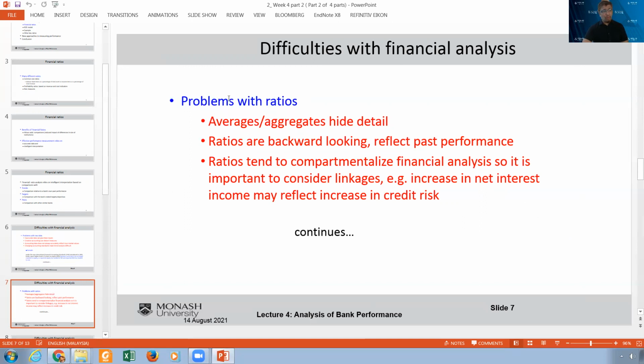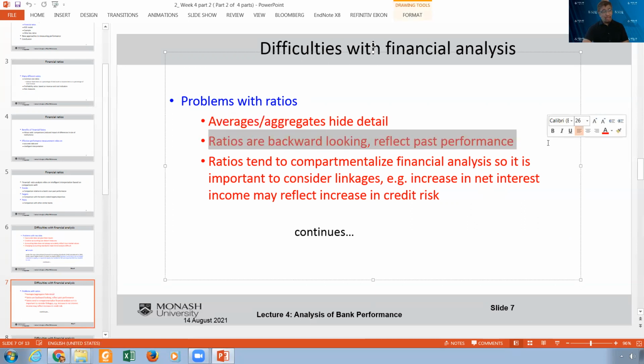Now, we have also another problem with ratios. We have the averaging. It can hide details. And one very obvious thing, which we don't look at, actually, when we make the ratio analysis, we are not interested to look at the history. The history is gone. But we think that if we make the ratios, we did very well, that's fine.